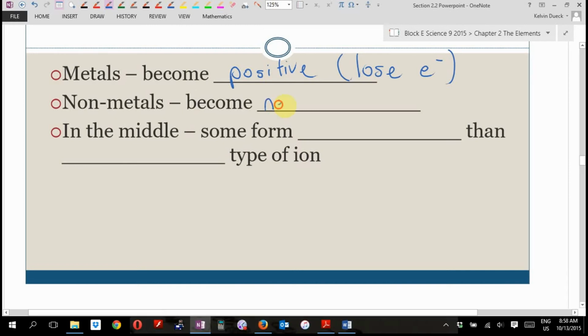Non-metals become negative. They want to gain electrons. In the middle, those weird metalloids that I told you about, well, in the middle, some form more than one type of ion.